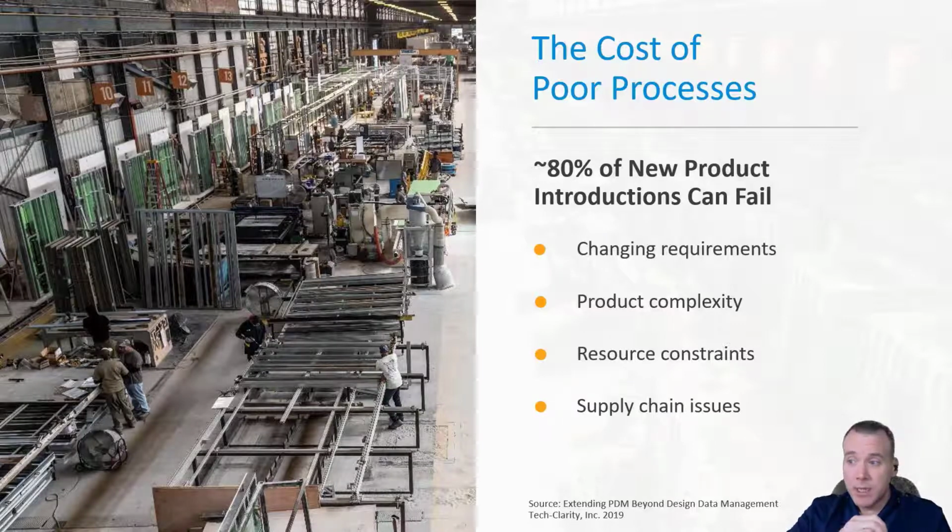Supply chain issues can be a real problem as well. Managing the things that you have to buy. Again, you've got complex products, you're going to have to source a lot of components. The product relies heavily on those things that you source. If you can't rely on delivery and quality from your suppliers, that could kill the product.